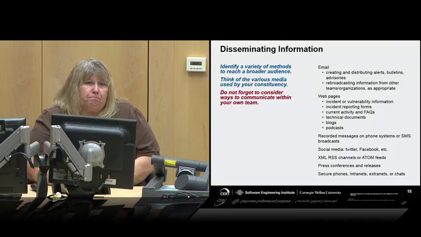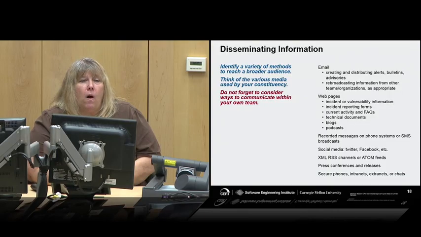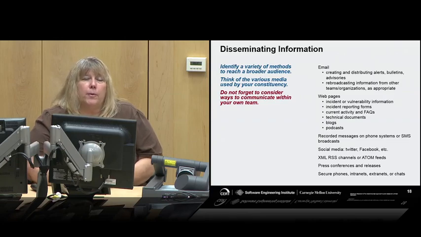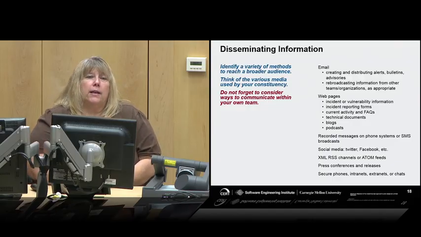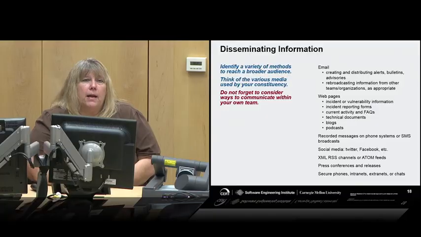Sometimes, if you have a call center or a help desk, you may have to put messages on the phone systems so that when someone's calling for information, if there's a large ongoing incident, they can get that information immediately and they don't have to wait to actually talk to a person.